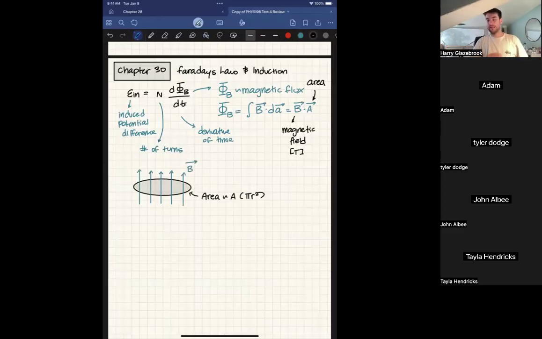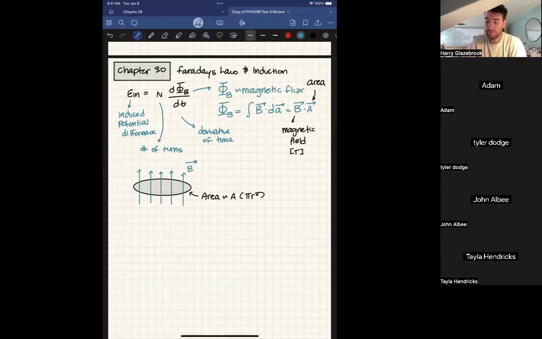So if this is just the case, then there's going to be no induced EMF. The reason being, the magnetic field and the area are constant with respect to time. So if we took a derivative with respect to time, it would be zero. There's no induced EMF.